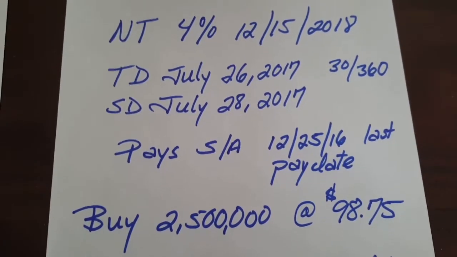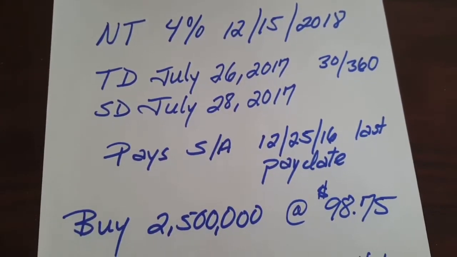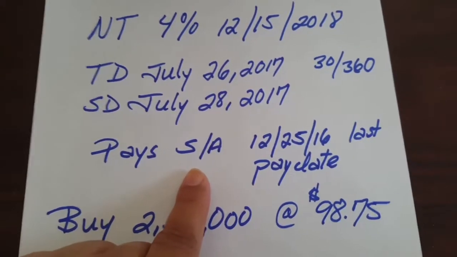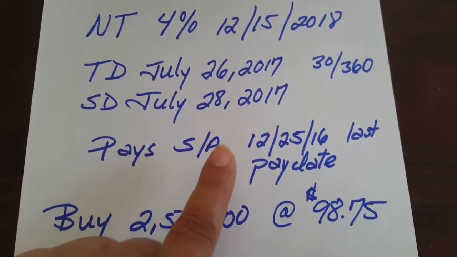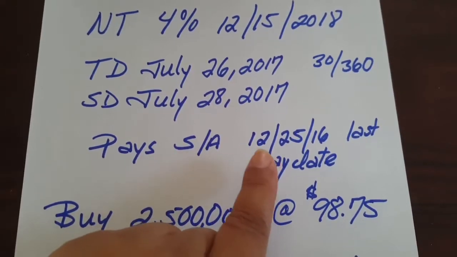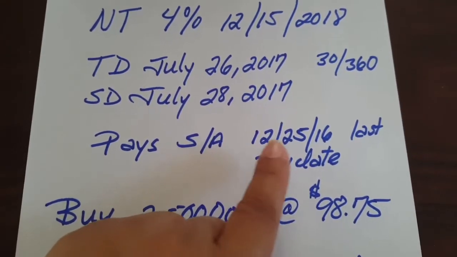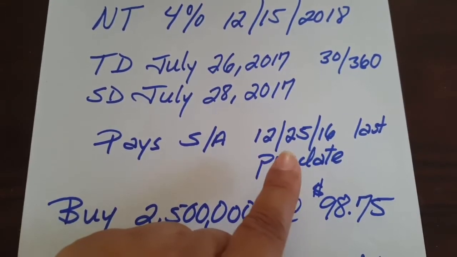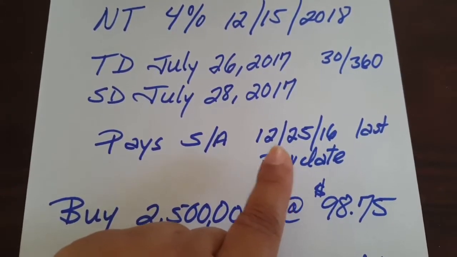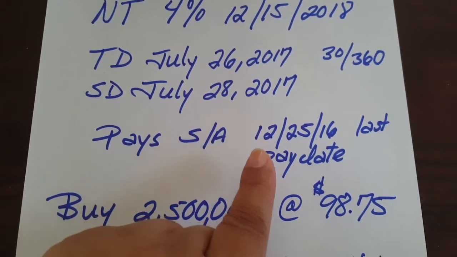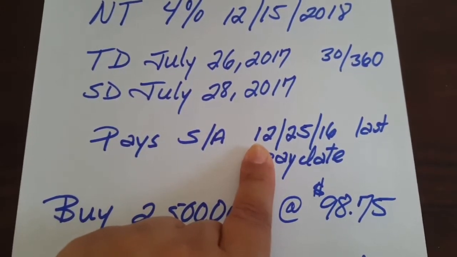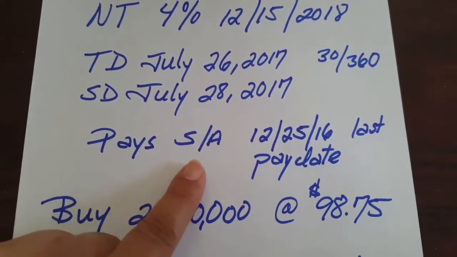So I'm going to see that this bond pays semi-annually, and the last time that I'm seeing on Bloomberg, the last pay date, which pretty much drives when this bond is going to pay, is this bond pays on December 25th and every 6 months after that.